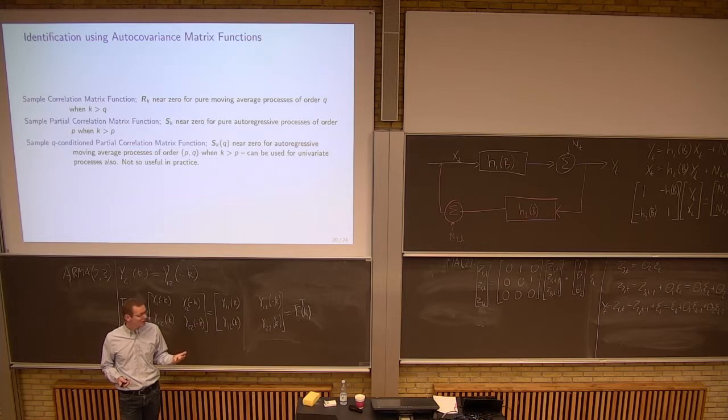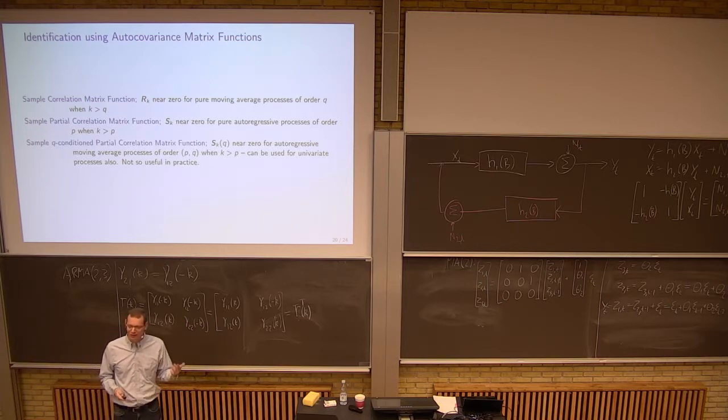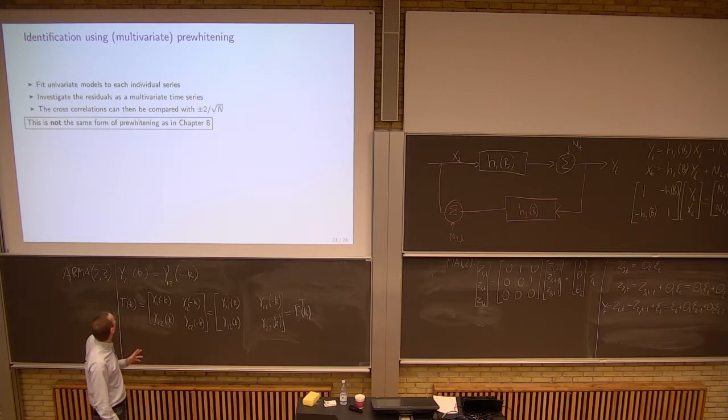It's just that each time, instead of getting one plot, you get the dimension squared plots. I won't cover the so-called Q-conditional partial correlation matrix function because we won't need it. We will restrict ourselves to what we've done previously and stay there. I think that's the most appropriate thing.